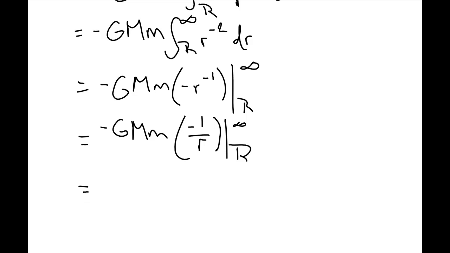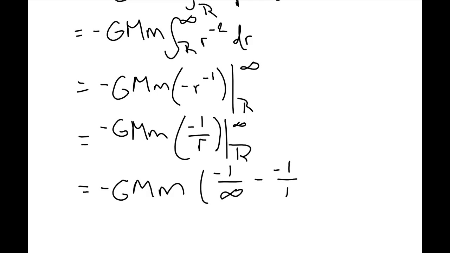So now let's go ahead and plug in our values. I'm going to evaluate that from -1 over infinity minus -1 over r. Well, 1 divided by infinity goes to 0. So we see that drop out, okay? And then we see here -1 minus, so that's really like plus.